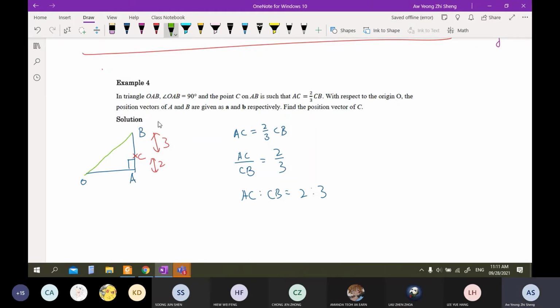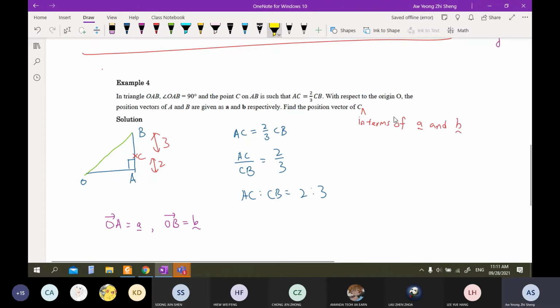The position vectors of A and B are given as small a and small b respectively. So you are actually given OA is denoted by small a, OB is denoted by small b. Find the position vector of C. This question is a bit incomplete. What they really mean is in terms of a and b.